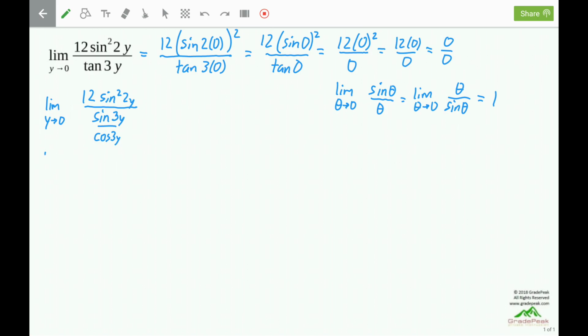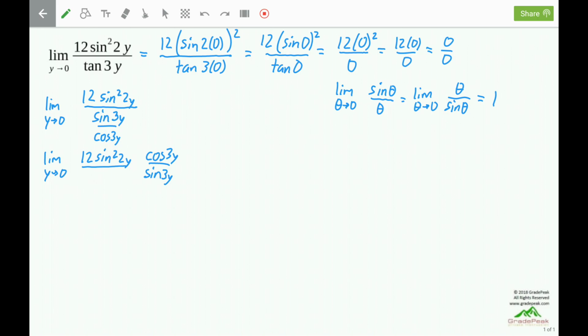Since we have a fraction in the denominator, our next step will be to reciprocate that fraction and multiply it, so we'll have 12 sine squared of 2y times the reciprocal, which will be cosine of 3y divided by the sine of 3y, and we multiply by that reciprocal.